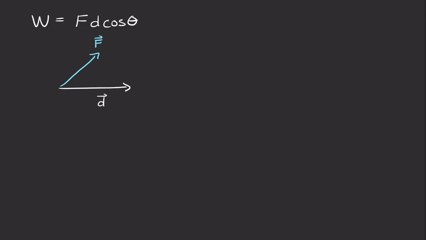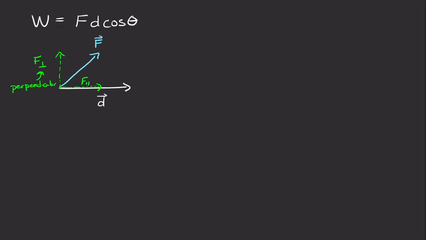But this force vector can be broken into components that are perpendicular. So I'll call this F perpendicular. This is typically the symbol for perpendicular. And then it can also have a component that is parallel. So this is F parallel to D.